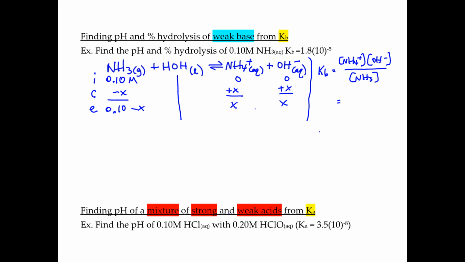So we're telling you that the Kb is 1.8 times 10 to the minus fifth. So 1.8 times 10 to the minus fifth equals x times x over 0.1 minus x.